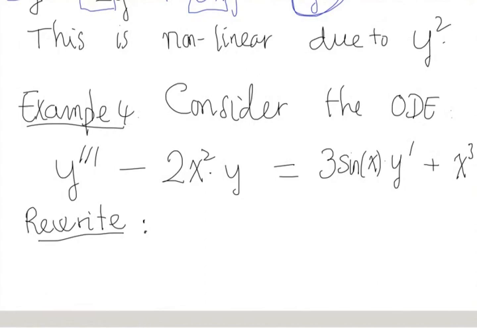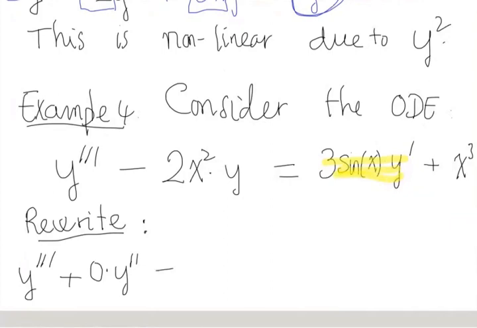So rewrite the equation. We begin with the highest derivative, which is y triple prime, and then the next derivative, the second derivative. We don't see any second derivative, so we could write 0 times the second derivative. The term with the first derivative is right here, and we need to bring it to the other side.